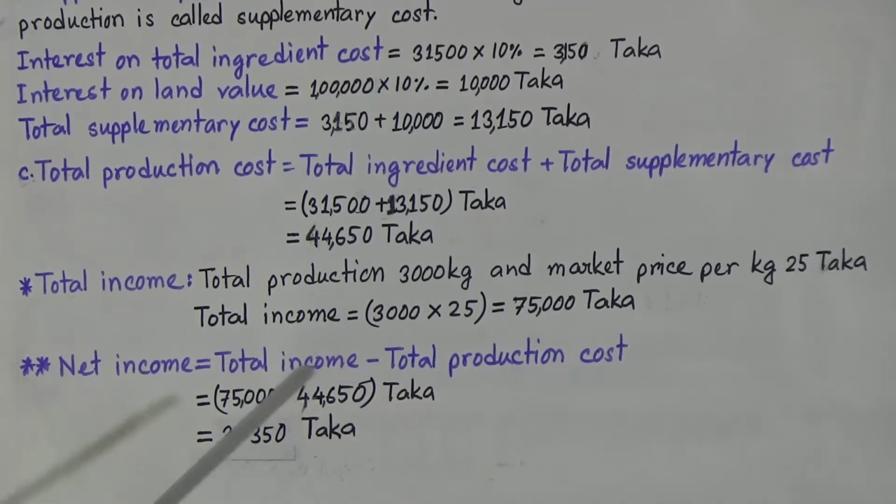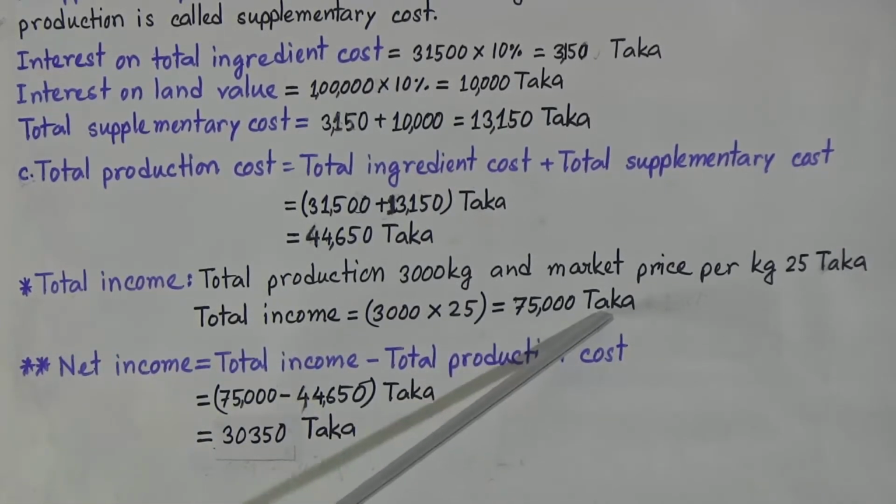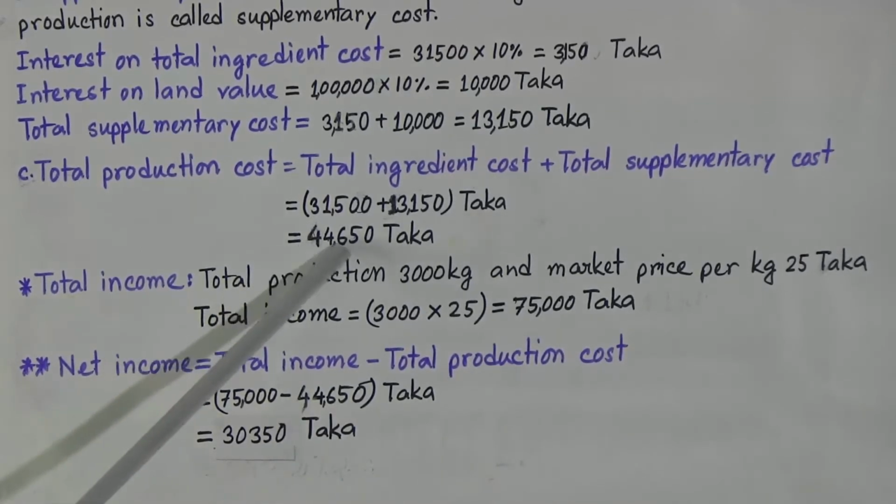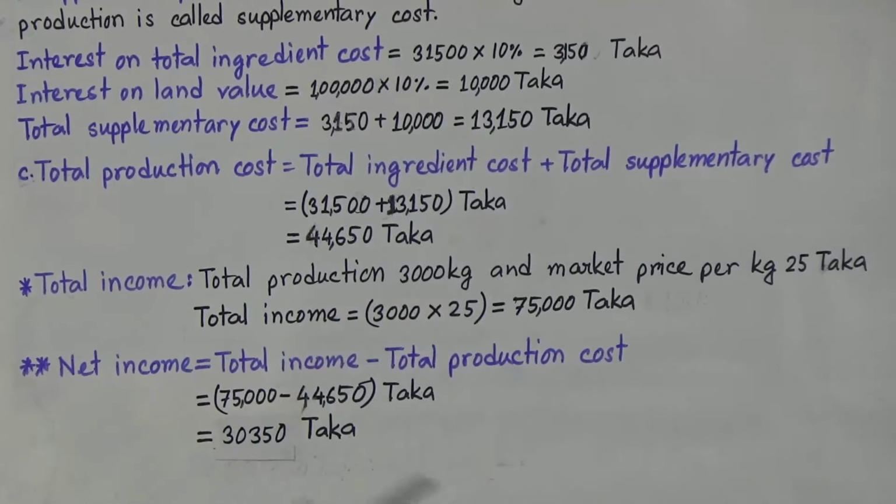Net income, how to calculate the net income? We will just subtract the total production cost from the total income. And what is our total income? 75,000 taka. And our total production cost is 44,650 taka. Now subtract these two numbers and we will find 30,350 taka.